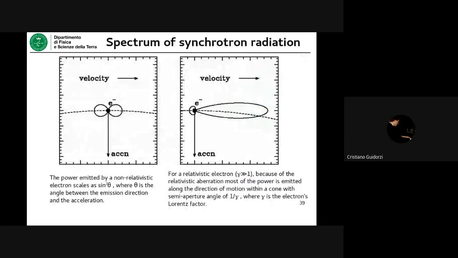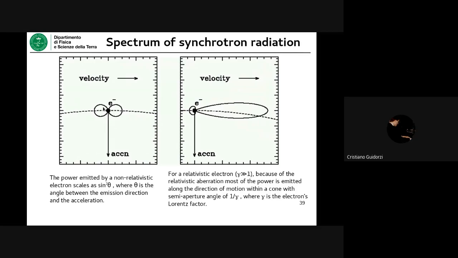So to remind ourselves of what we've learned about what changes in terms of the emitted radiation by an accelerating particle when we move from the non-relativistic case, which is what you see here on the left. In this case, you have a non-relativistic electron which is being accelerated, with the acceleration entirely perpendicular to the trajectory.